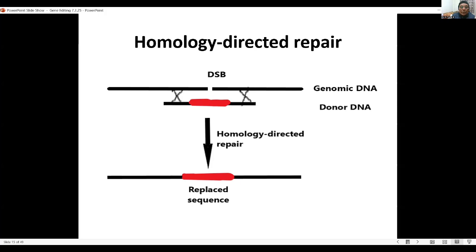If crossover or recombination occurs here and here, homologous parts of donor DNA will also be included, but that does not matter because this base sequence is the same as the base sequence here. Only this one matters. So that is the replaced sequence shown here.